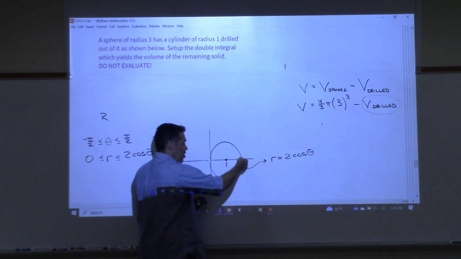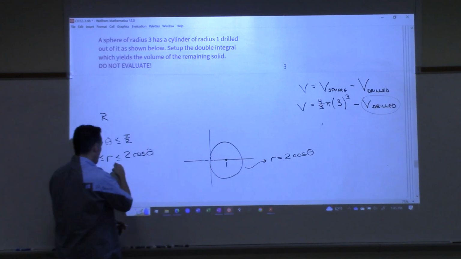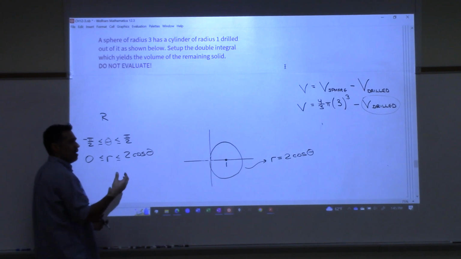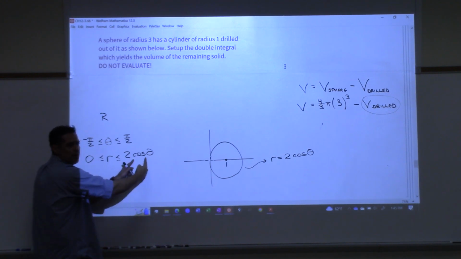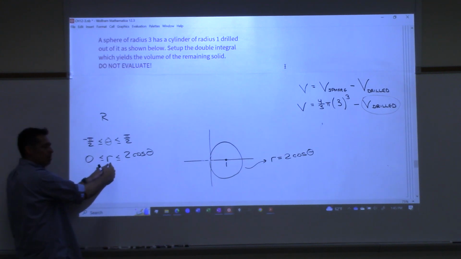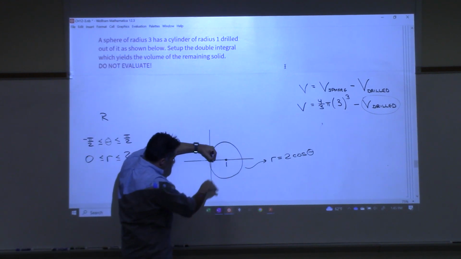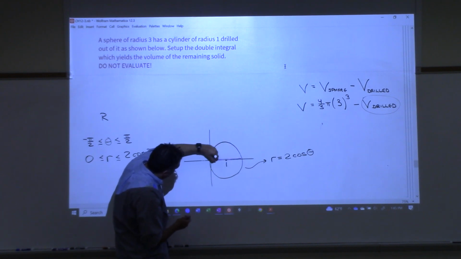This draws the circle. But the inequality says, okay, give me a theta. Let's say theta is 0. Then this is 2, right? And that means I want to walk out how far? Between 0 and 2. So when theta is 0, I'm going to walk out between 0 and 2, and that will fill that in, right?